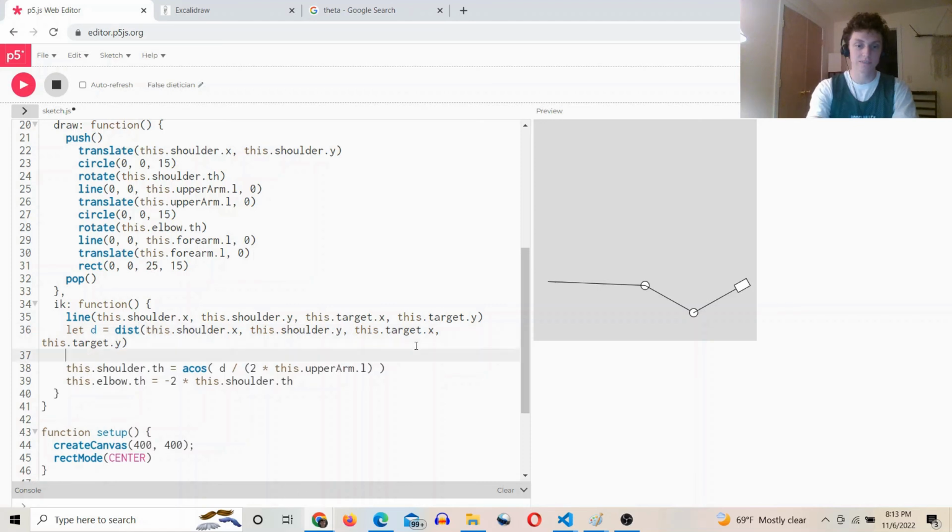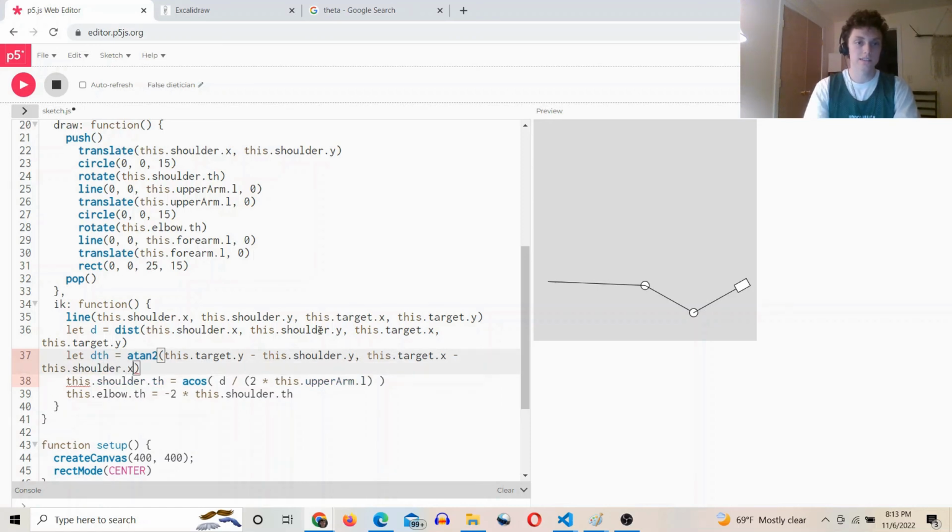So we need a let d theta equal atan2 of this.target.y minus this.shoulder.y, comma, this.target.x minus this.shoulder.x. Okay, that's d theta.